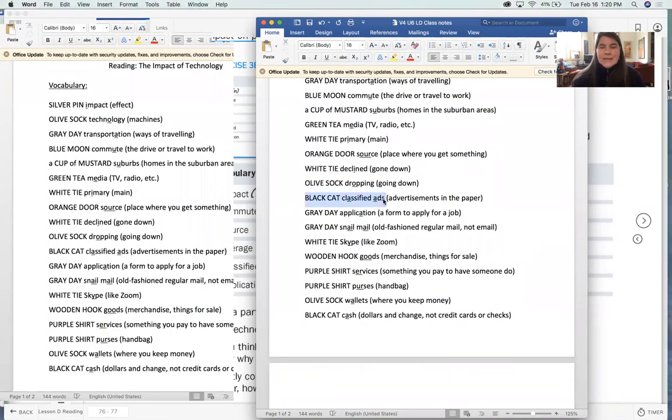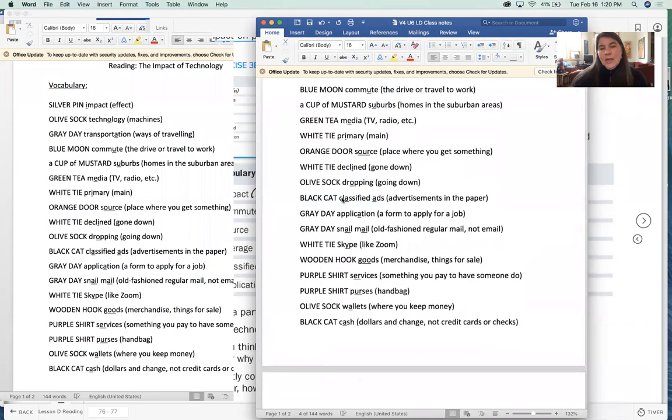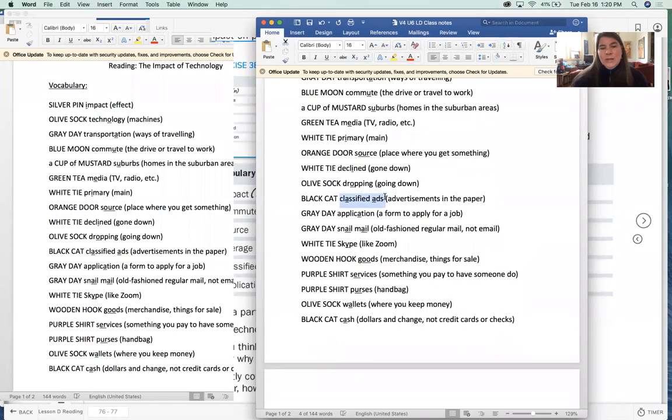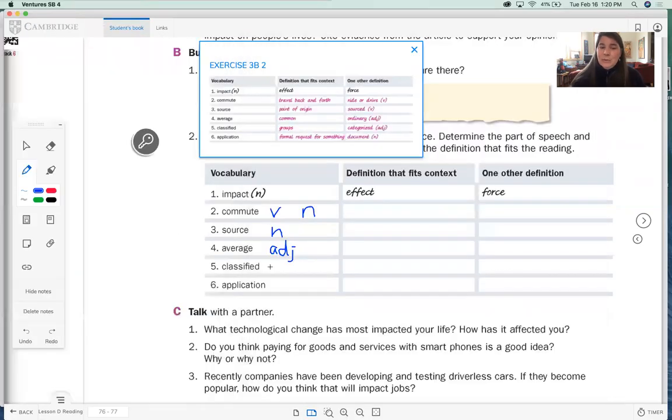Black Cat classified ads, which are advertisements in the newspaper. So classified ads is such a common expression. We don't even say the ads part anymore. We just say, I found it in the classifieds, which means in the newspaper. All right. So to classify, again, means to group together, but classifieds also means ads in the newspaper.